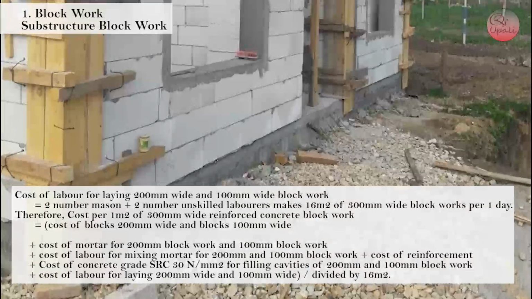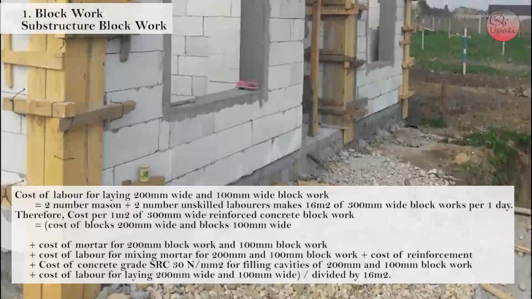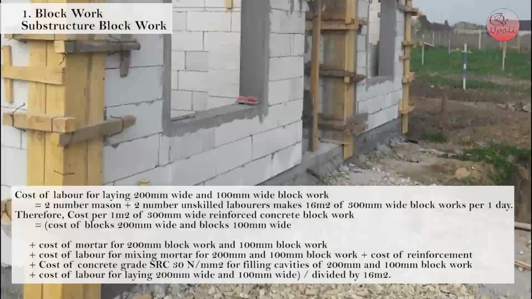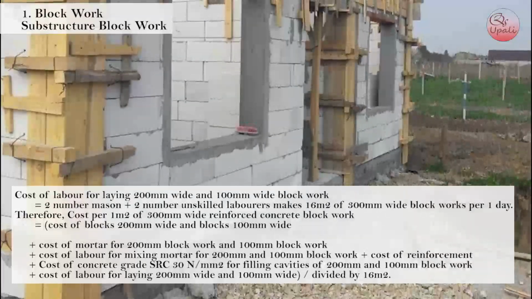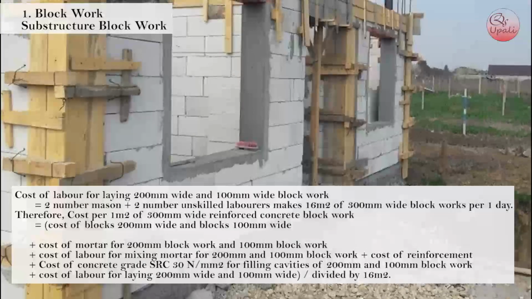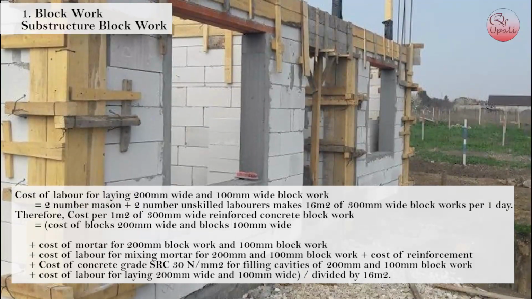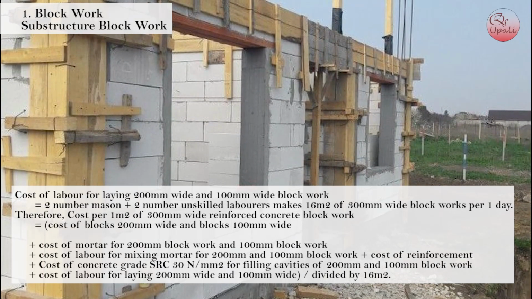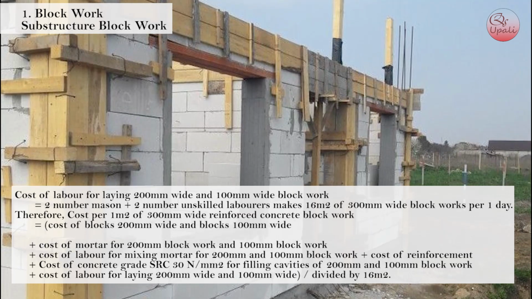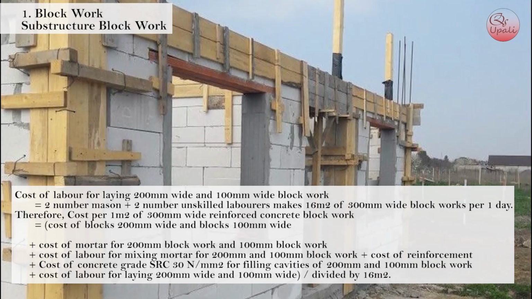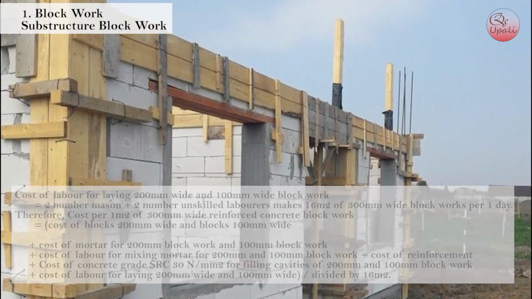Therefore, cost per 1 meter square of 300 mm wide reinforced concrete block work equals cost of block 200 mm wide and block 100 mm wide plus cost of mortar for 200 mm block work and 100 mm block work plus cost of labor for mixing mortar for 200 mm and 100 mm block work plus cost of reinforcement plus cost of concrete grade SRC 30 Newton per millimeter square for filling cavities of 200 mm and 100 mm block work plus cost of labor for laying 200 mm wide and 100 mm wide, divided by 16 meter square.